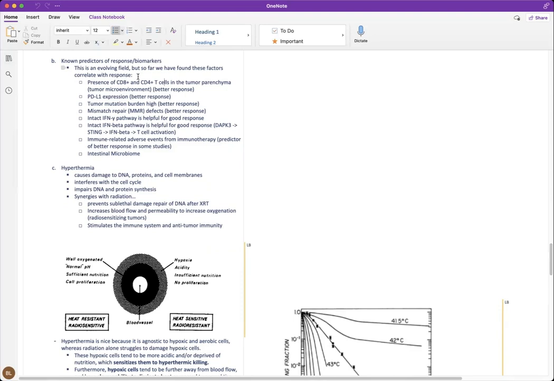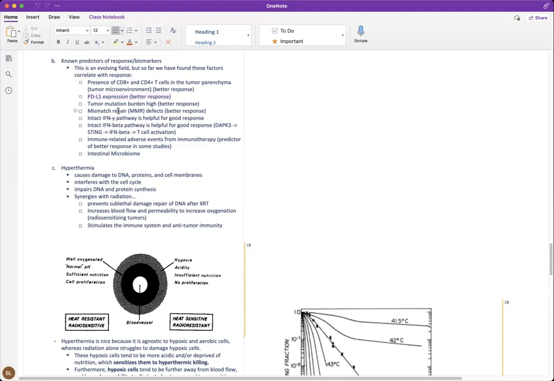I read a review paper about this and filled it out with stuff I learned from that. If there are CD8 positive and CD4 positive T cells, that's a good predictor of response. If there's PD-L1 expression, you have better response. And we'll test people for their PD-L1 score.